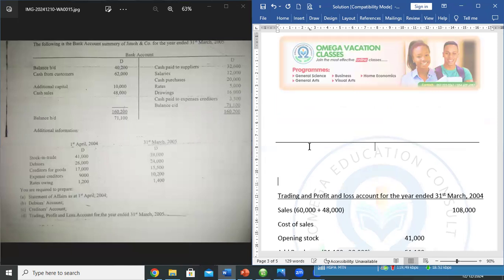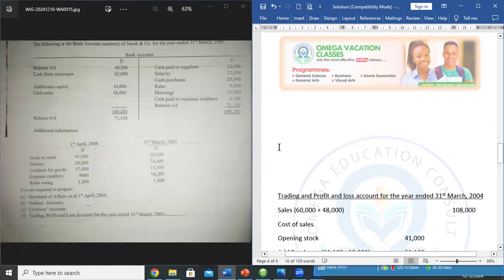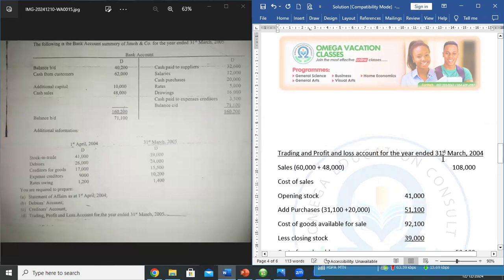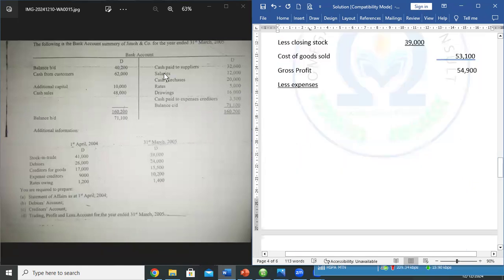Okay. So let's check the expenses given in the question. I think our first point of call will be the credit side of the cash book or the bank account. You see salaries, you see rates.